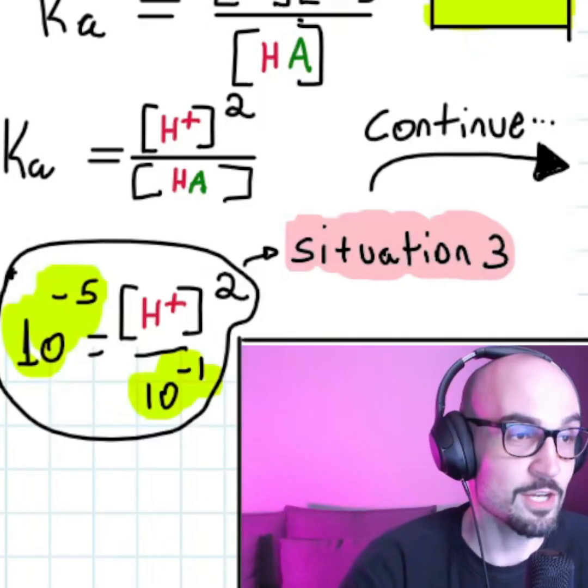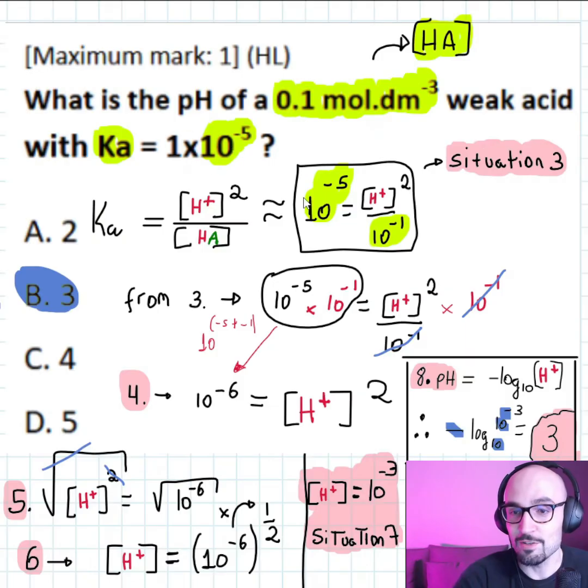Let's continue, shall we? Ka, which is 10 to the power of negative 5, equals the concentration of H plus squared divided by 0.1 or 10 to the negative 1. Now, in order to get rid of this 10 to the power of negative 1, we have to multiply both sides by 10 to the power of negative 1. Multiplying the right side by 10 to the power of negative 1, it cancels out, multiplying and dividing.